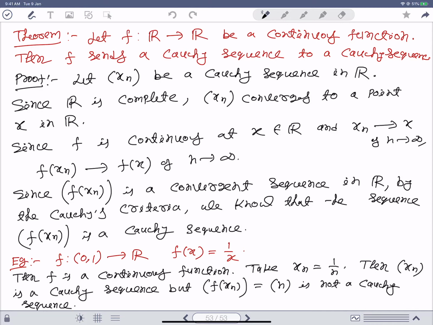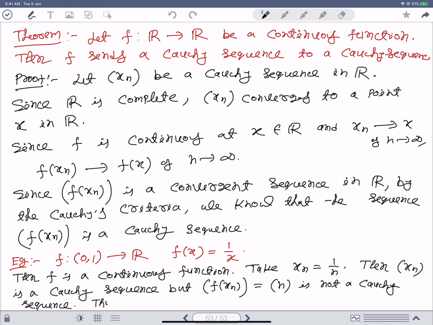That means if the domain is a proper subset of R, then f may not send a Cauchy sequence to a Cauchy sequence. That means here we can also say that the function f is not uniformly continuous, right? Because every uniformly continuous function, whatever the domain is, always sends a Cauchy sequence to a Cauchy sequence.